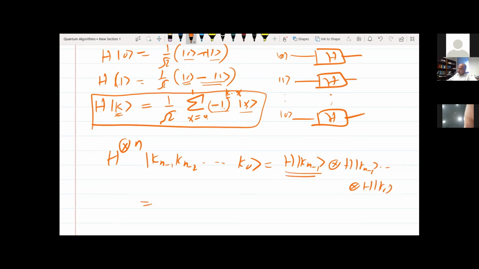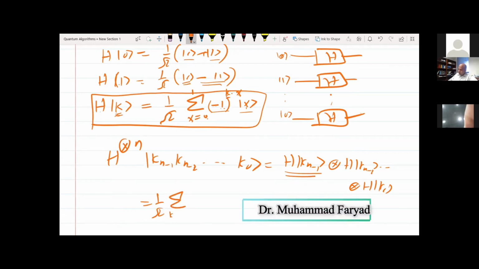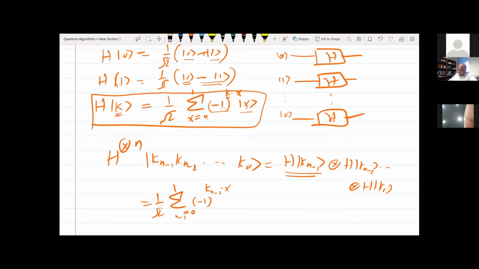So I can write this as 1 over square root 2, sum over x_{n-1} going from 0 to 1, minus 1 power k_{n-1} x_{n-1}, where I introduce the symbol x_{n-1} for this.